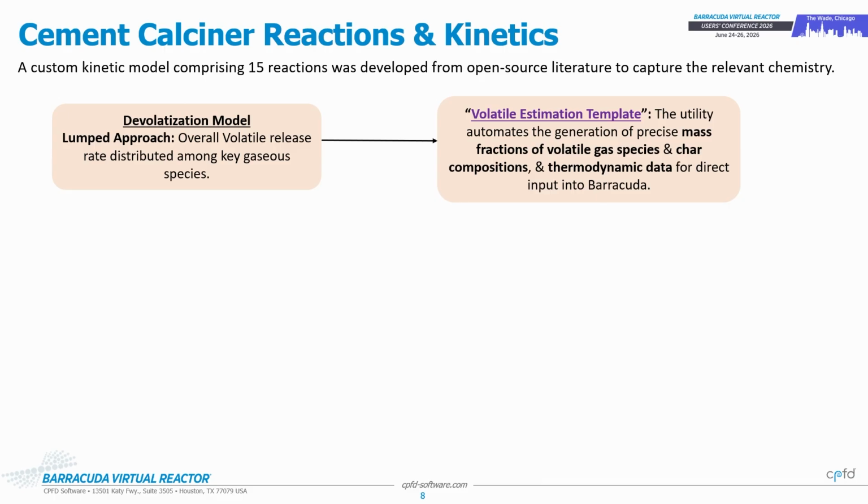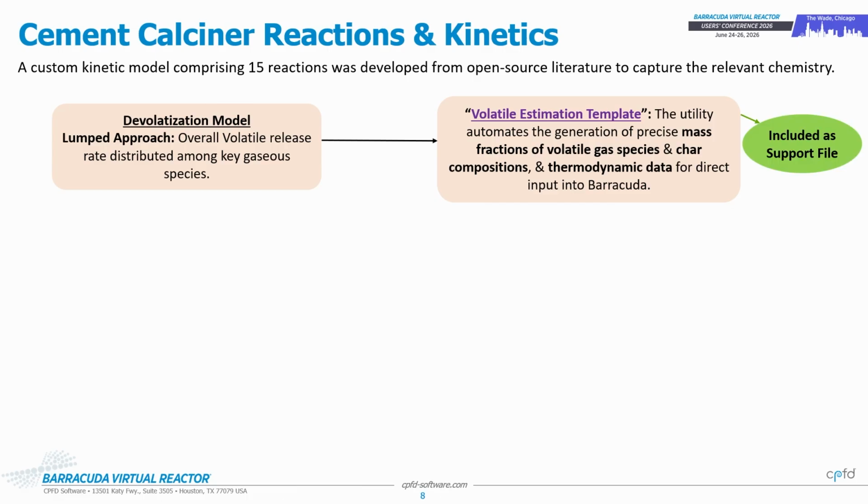This is a utility that we have developed, and it uses mass and energy balance to generate the precise mass fractions of the volatile gases along with the compositions, and also the char compositions and the key relevant thermodynamic inputs such as the heat of devolatilization and the heat of formation of volatiles, which can be directly input into Barracuda.